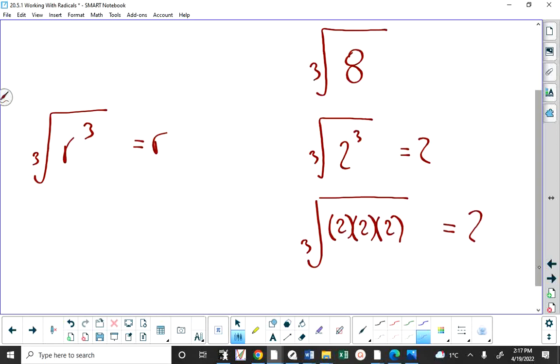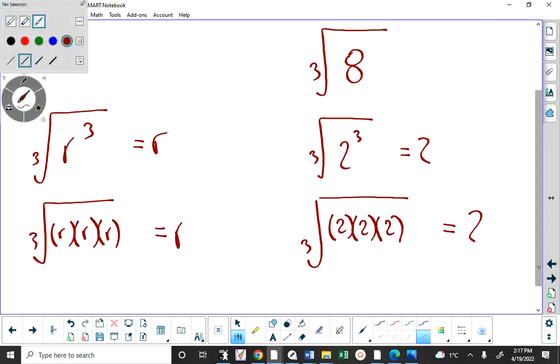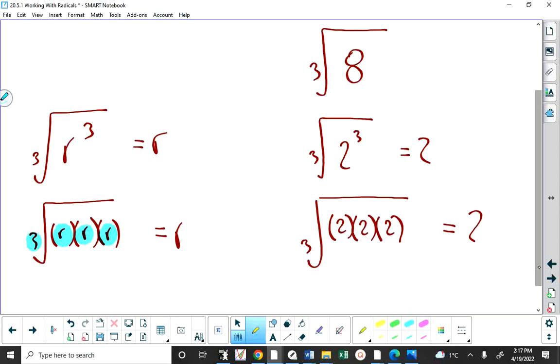And if I make it more general, what this statement means is the cube root of r times r times r gives you r. The point I'm trying to make here, and I hope you see it, is that functionally speaking, when you have three identical things because it's a cube root, you extract them, but you only write one. Just like if we have two and it's a square root, you put one outside.